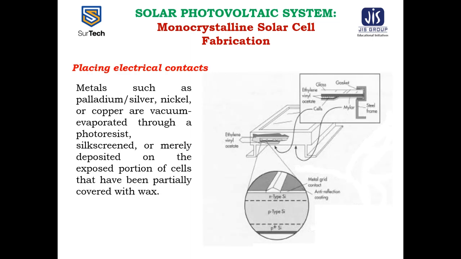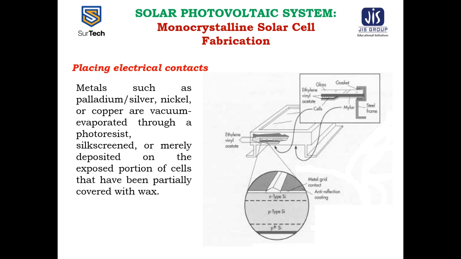Metals such as palladium, silver, nickel or copper are vacuum evaporated through a photoresist, silk screened or merely deposited on the exposed portion of the cells that have been partially covered with wax.